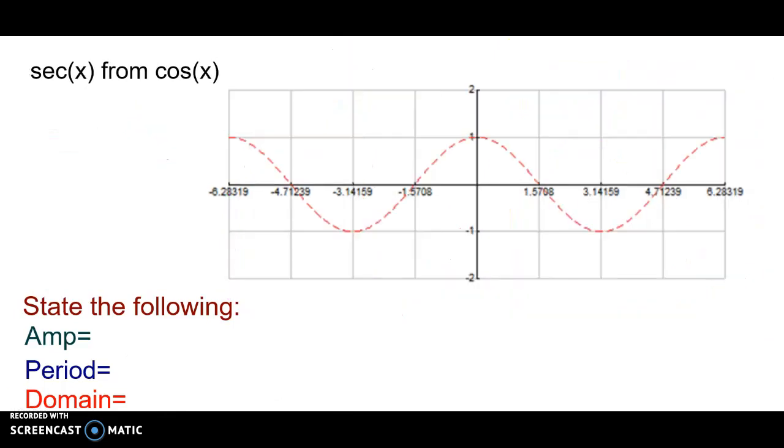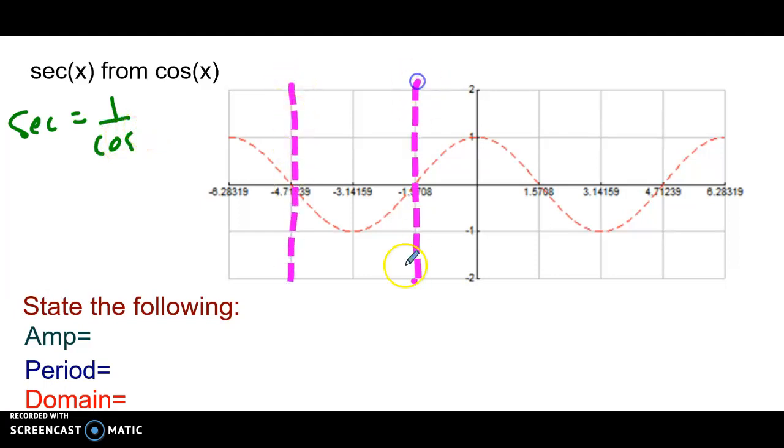Okay, so secant. Remember, we know that secant is 1 over cosine. So just like last time, anywhere where our cosine was 0, we're going to have an asymptote. Anywhere where cosine is 1, 1 over 1, we're going to have 1.